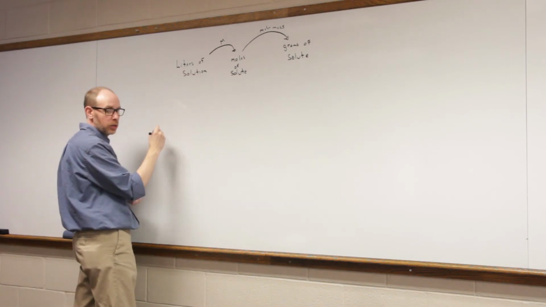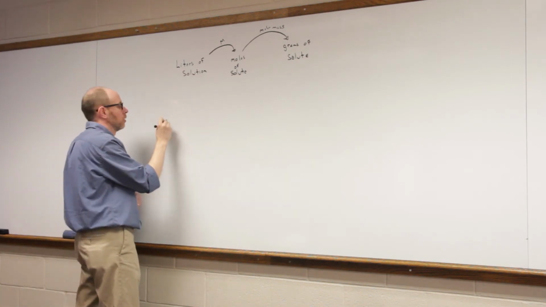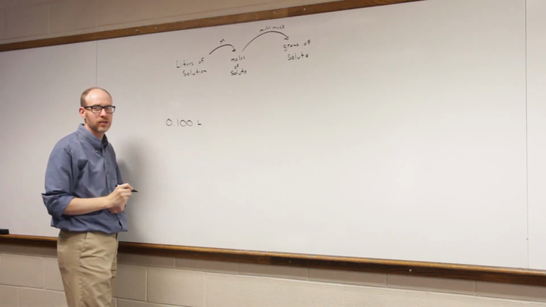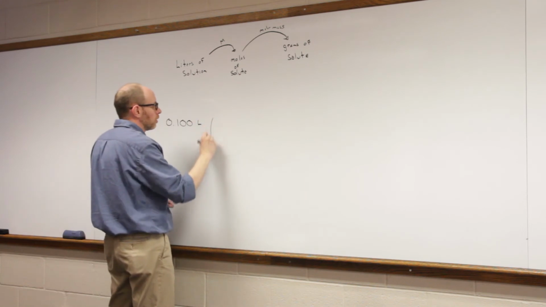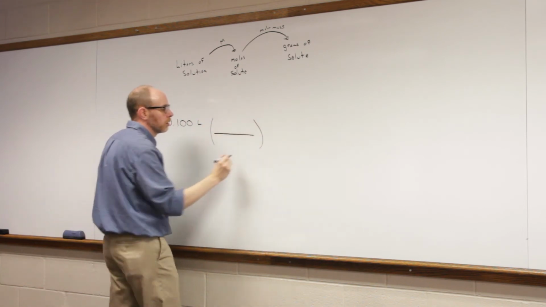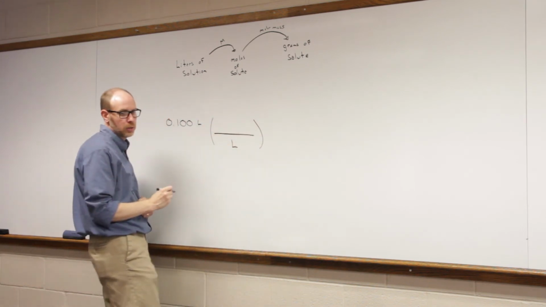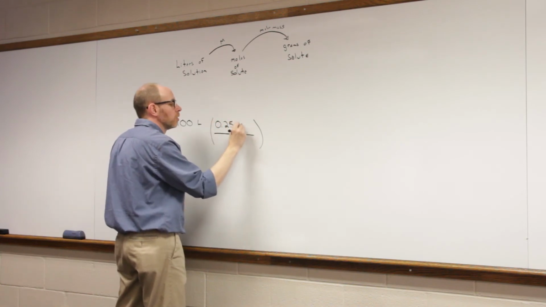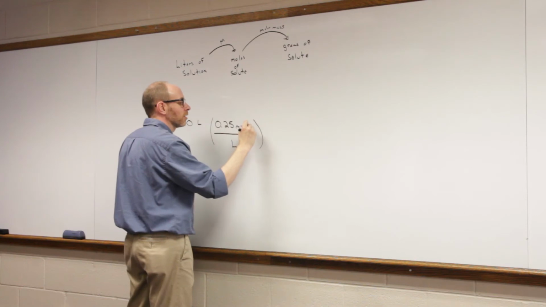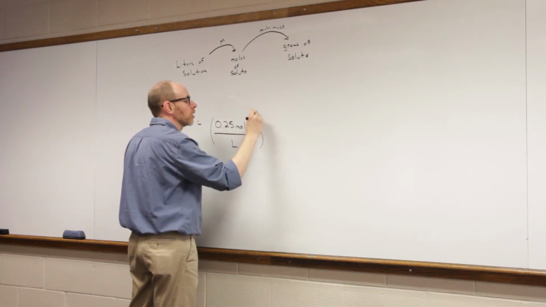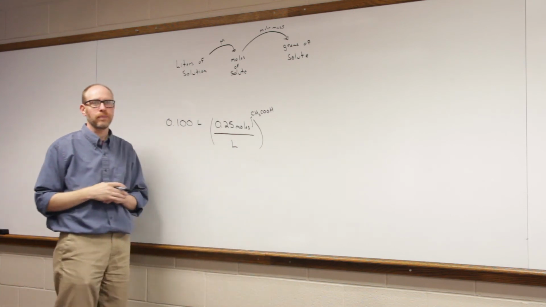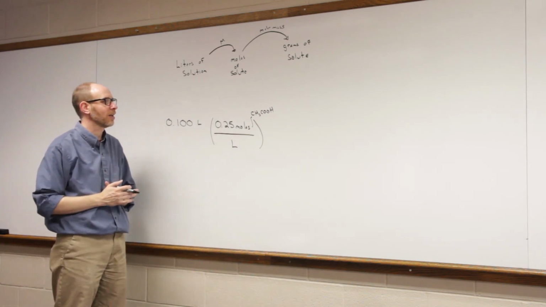So we're starting off in this problem with 0.100 liters of this solution. And we know that in 1 liter of the solution, there are 0.25 moles of acetic acid. Acetic acid is CH3COOH. Okay? That's our acetic acid.